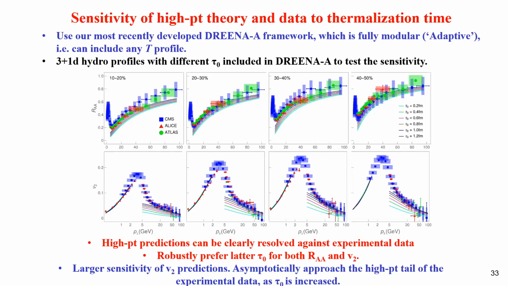Basically the framework is such that you just put a temperature profile in it and it will give you predictions. We are still not at that stage, but our goal is also to get temperature profiles from parton transport. These are not really temperature profiles, but they're close to temperature profiles.